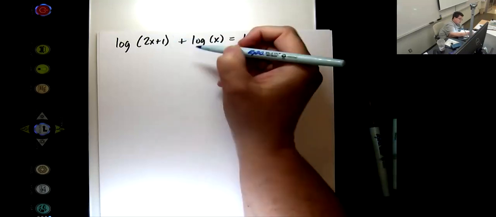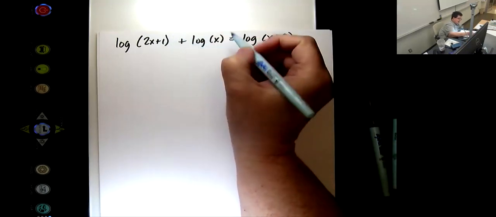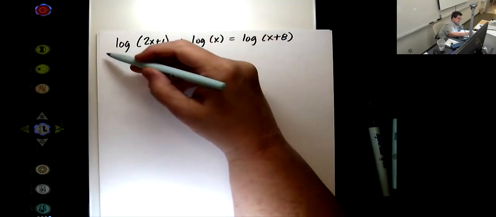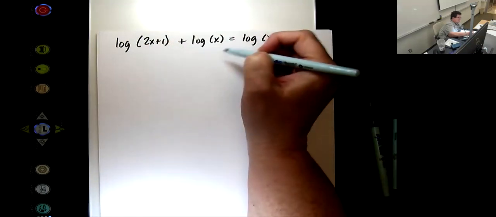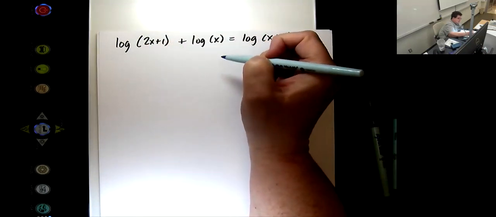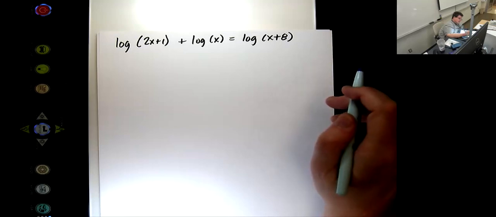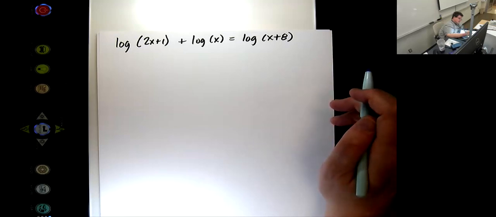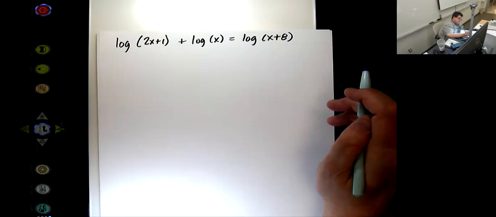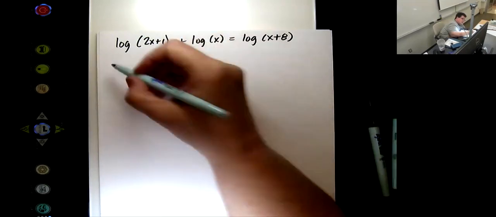So what we're going to do is, I have logs here. I can't raise these to the power of 10 because it makes it ugly. Well, can I? Yeah, actually I can.